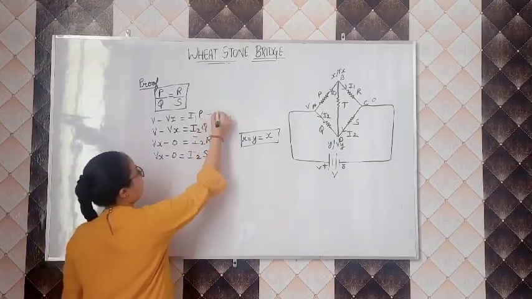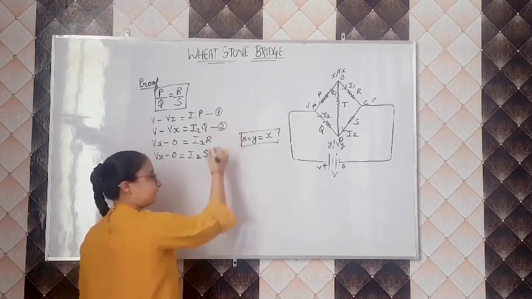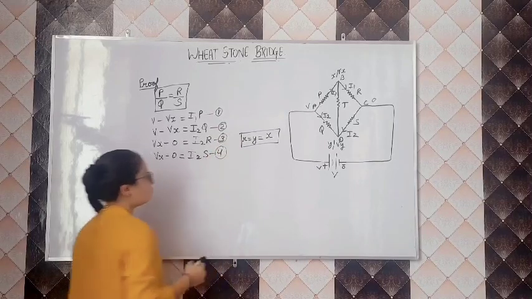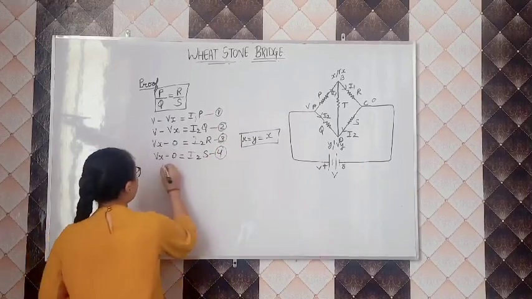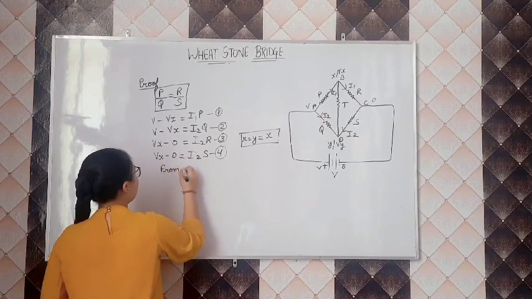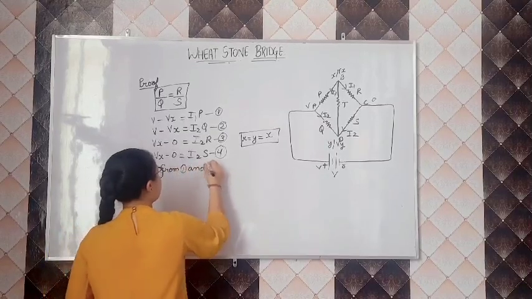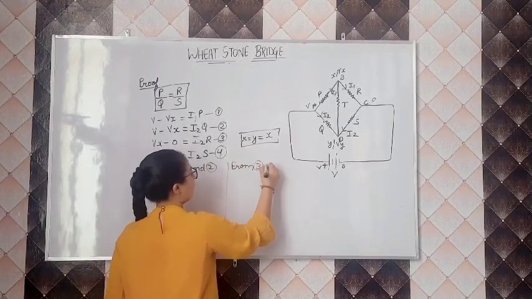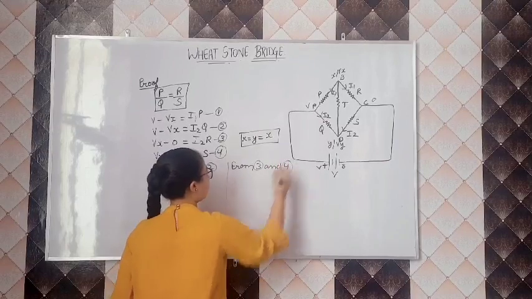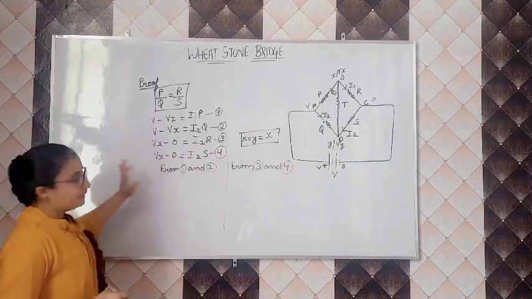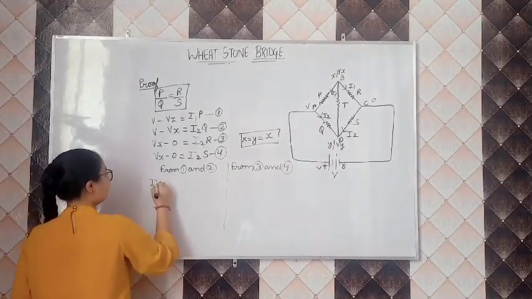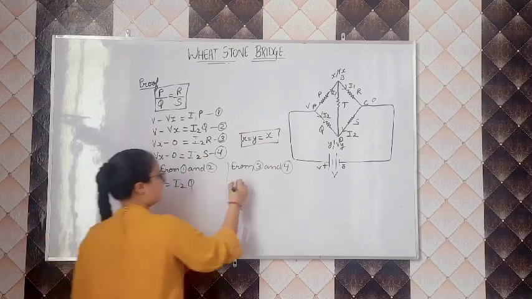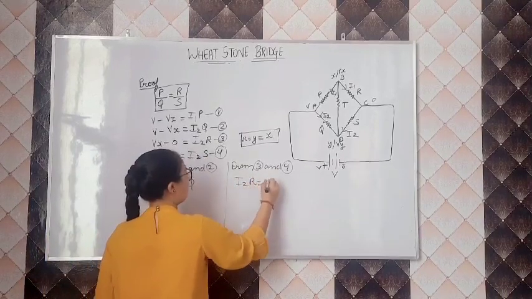So this is our first equation, this is our second, this is our third and this is our fourth equation. Now rearrange from the first and second, and from the third and fourth, and we conclude that the common terms cancel out. So I1P is equal to I2Q and I1R is equal to I2S.